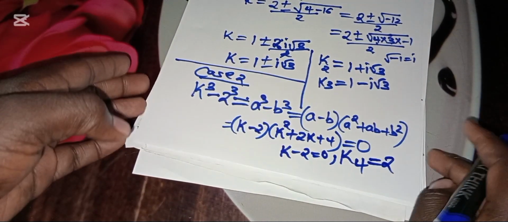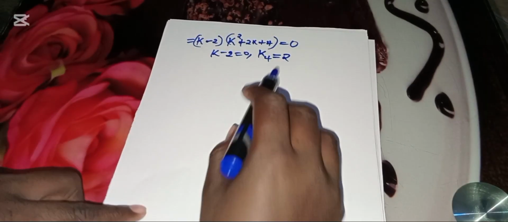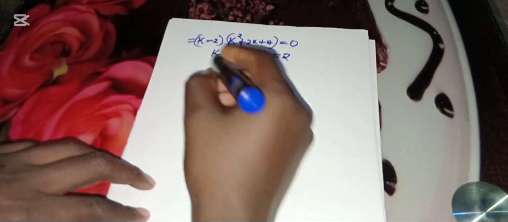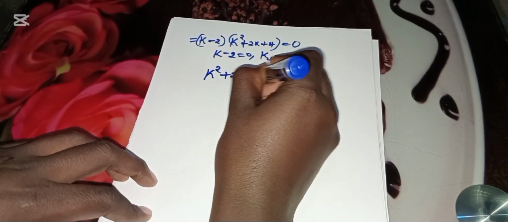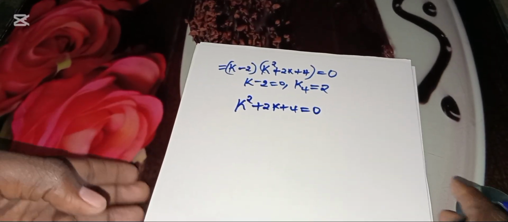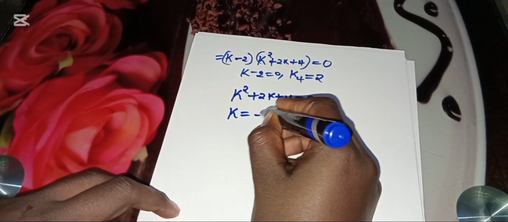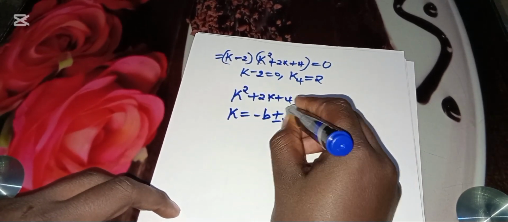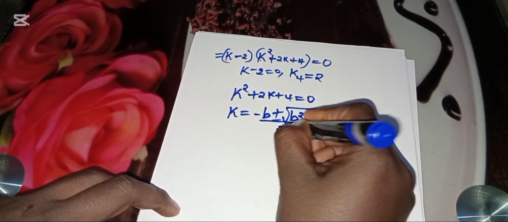All right, so let's proceed and solve the remaining values of k. As you can see, k4 is equal to 2. So the other part, we have k squared plus 2k plus 4 equal to 0. Applying the quadratic formula again, k is equal to minus b plus or minus the square root of b squared minus 4ac, divided by 2a.